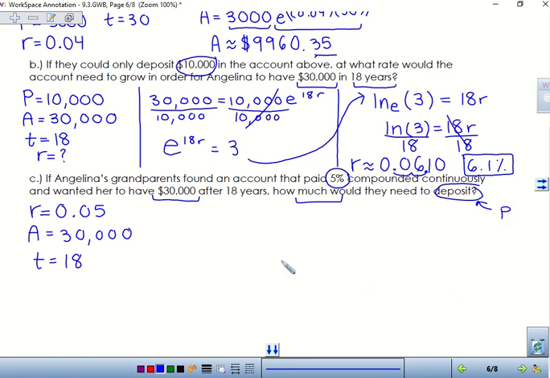So we're going to plug in for everything except for P because our goal is to solve for P. So that's going to be A equals P times e to the power of r times t. Your goal is to solve for P, so we divide by e to the rt.